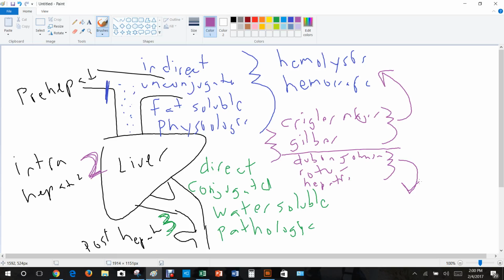Now we're going to deal with the last category, sorry, this is kind of a mess, which is conjugated, direct, water-soluble, pathologic, and this is going to be something like an atresia, which means maybe this got blocked off, and then everything backs up and goes this way. Or maybe it has to do with sepsis, the person's really sick, or some sort of metabolic problems. Those are the ones we really worry about because they're really hard to deal with sometimes.